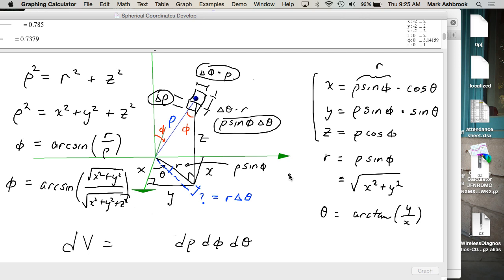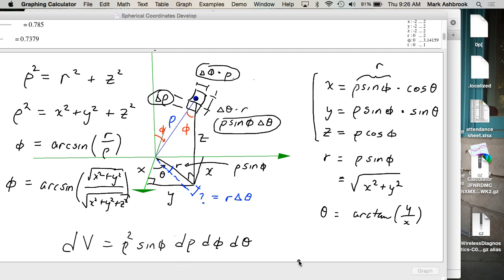Let me multiply those three together. We're also going to have rho squared sine phi. Are you tracking with me, or did I lose you?